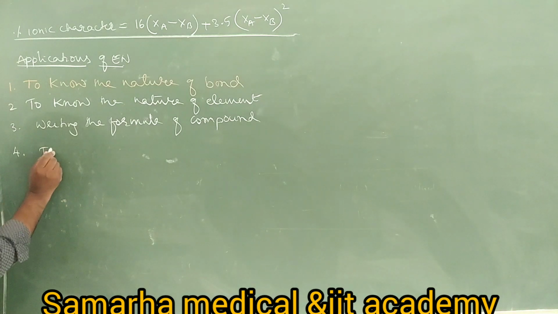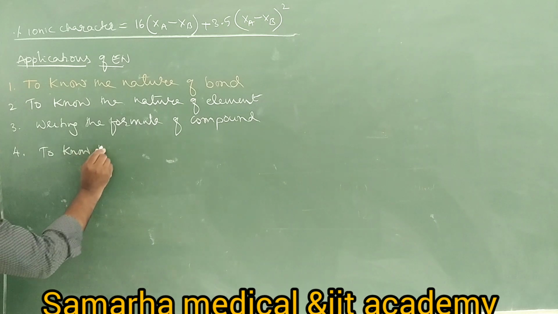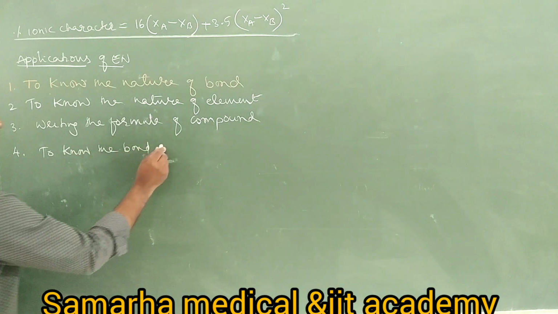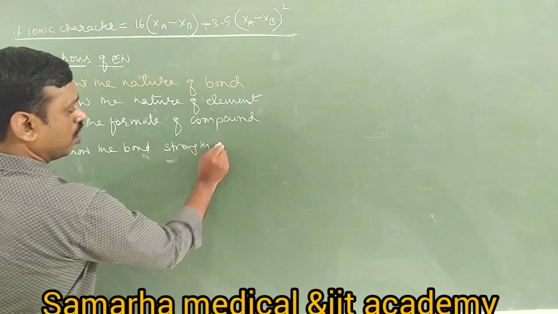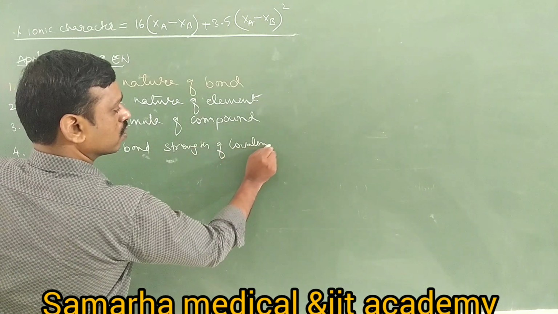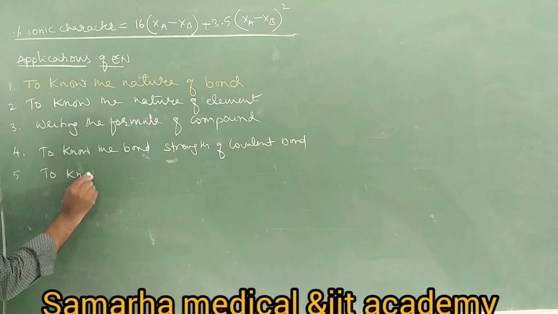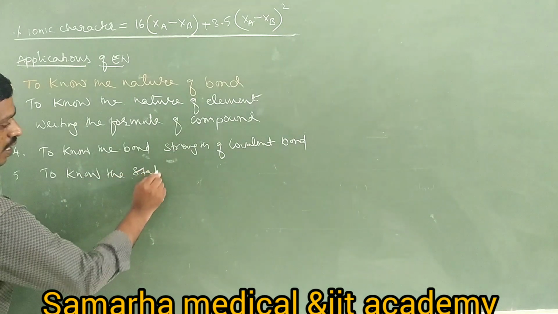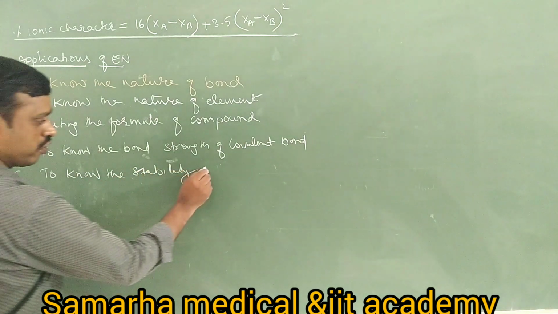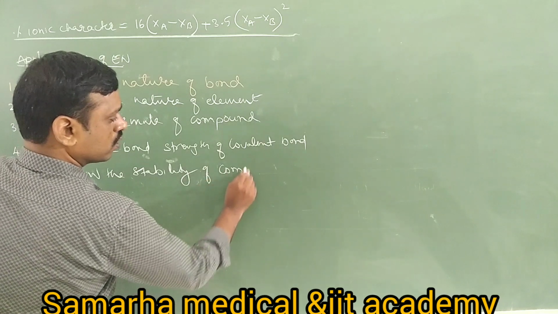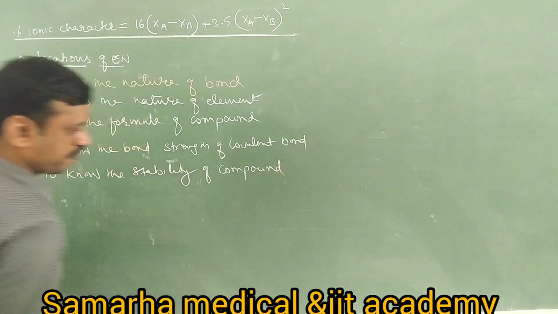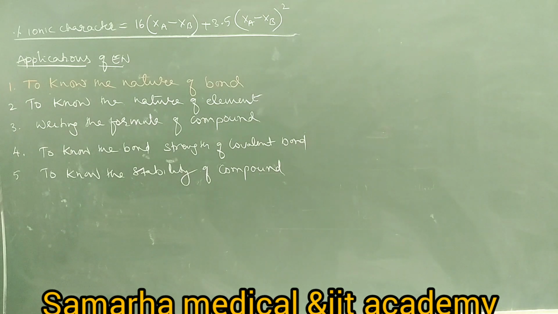So to know the bond strength, particularly of covalent bond. Next, fifth one is to know the stability of compound. This is also for covalent compounds only. So these are some important applications of electronegativity.